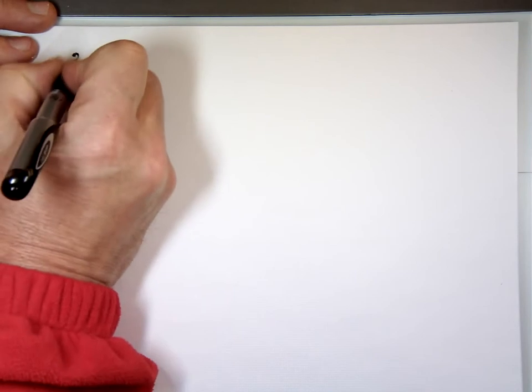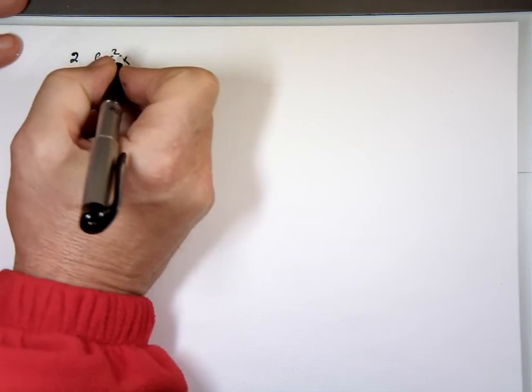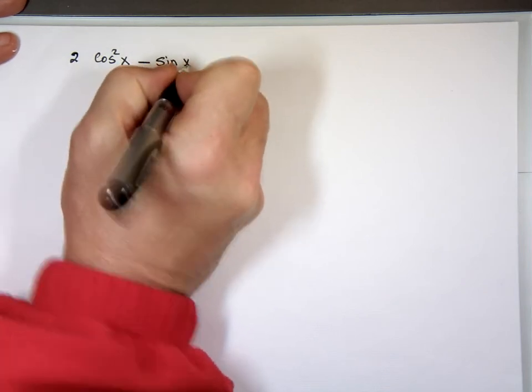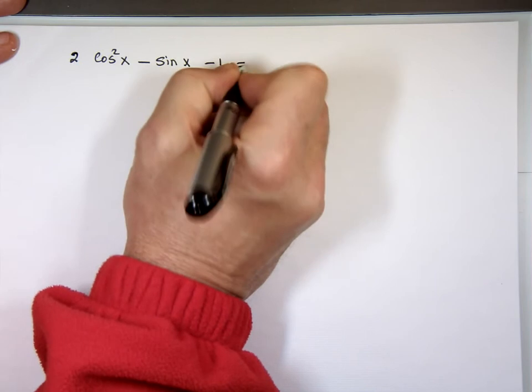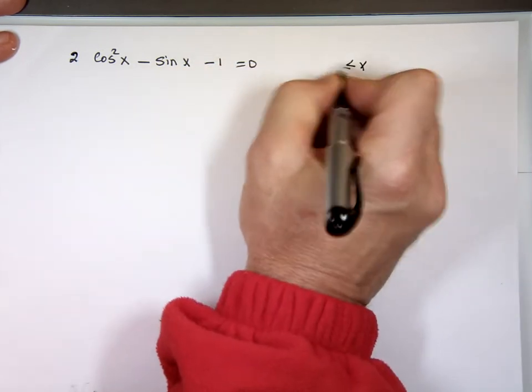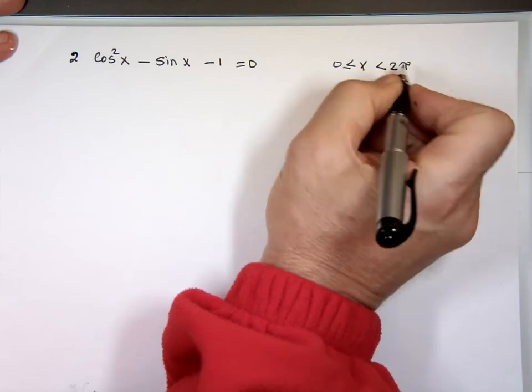It says solve, and x is greater than or equal to 0, less than 2 pi. Again, solve for x.